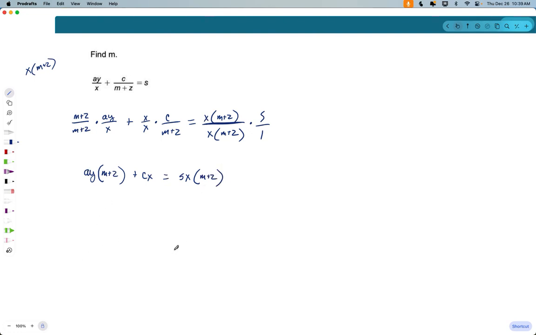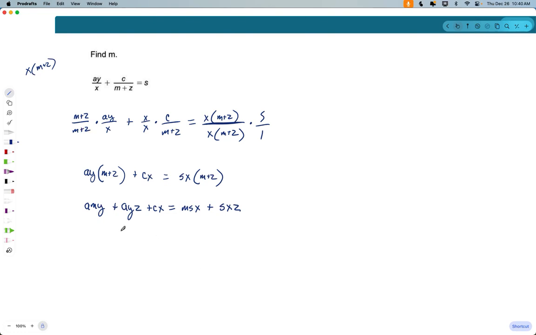That's what we have. In order to get m by itself, we're going to have to distribute. So we have AMY plus AYZ plus CX is equal to MSX plus SXZ. And I've just written everything in alphabetical order to make it easier for us all to get the same answer.